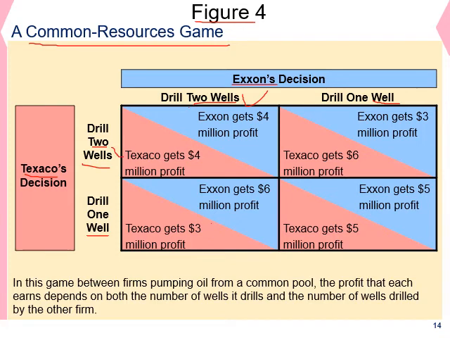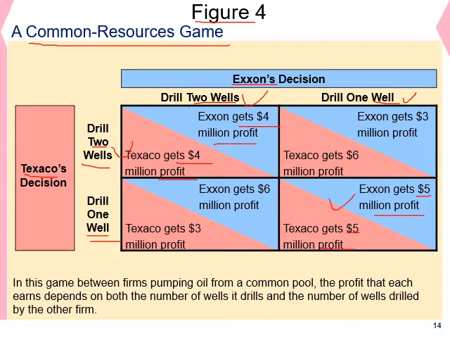If both Exxon and Texaco build two wells, both will get a $4 million profit. But on the other hand, if both decide to build only one well, both will get a $5 million profit, which is a better outcome for both companies.